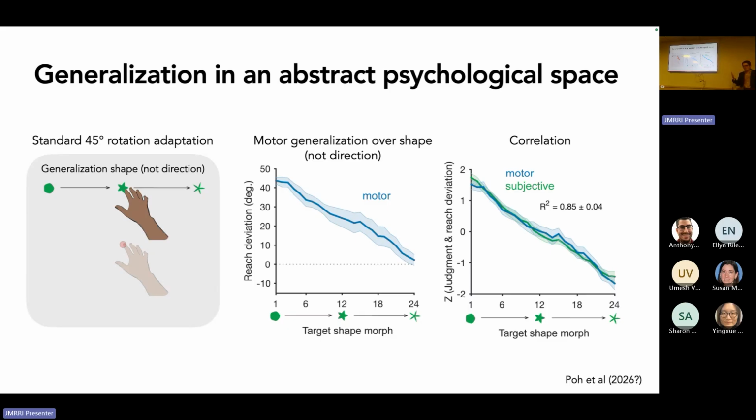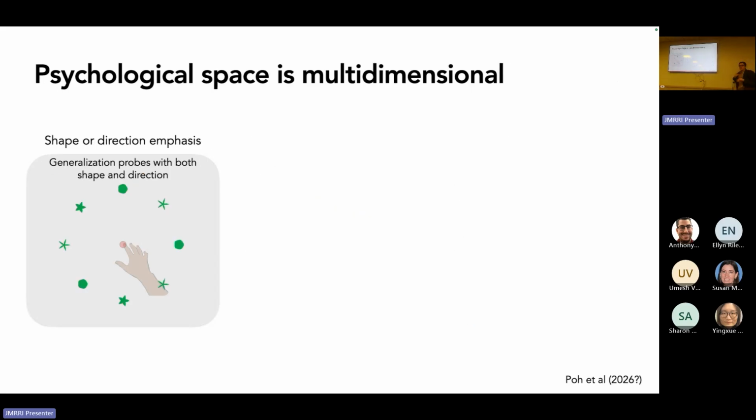Now, the psychological space is multidimensional, right? And so what we wanted to know is, what if we kind of pitted these two things together? There was a kinematic or spatial one, which is like the angle of the target, and then an abstract or psychological one, which is the shape of the targets, right? And what we had people do in the generalization test is, they saw all these and we said, okay, I want you to generalize, go where you think you should go to get the cursor around the target if it's based upon shape, not direction, okay?